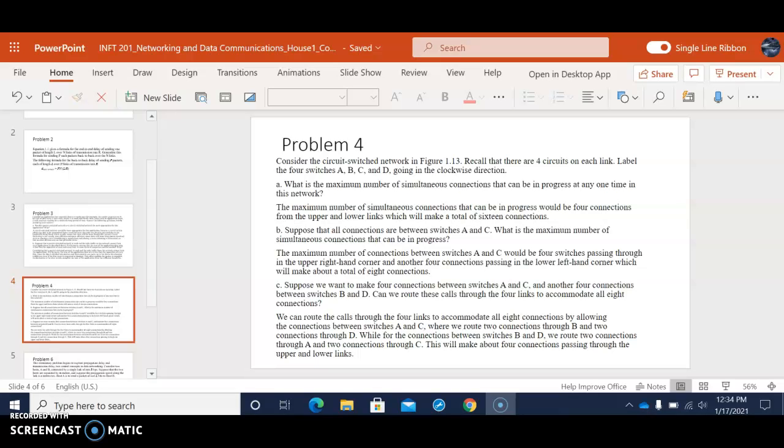So in the first one we were multiplying the 4 connections, but in this one we're adding: 4 plus 4 equals 8. Okay.